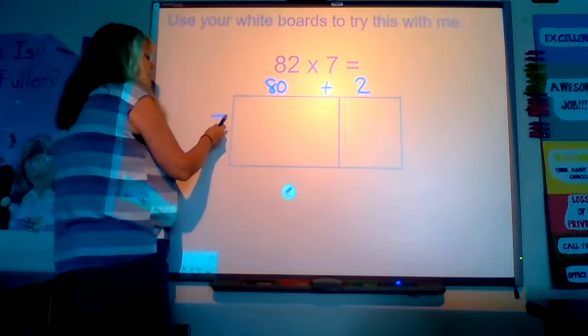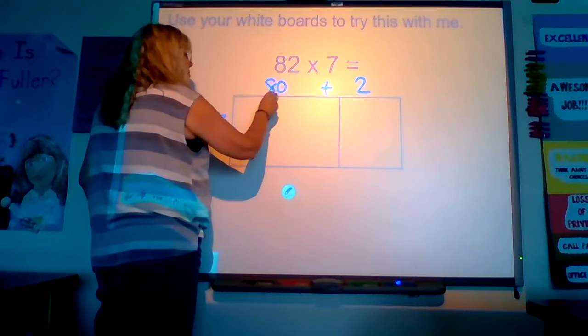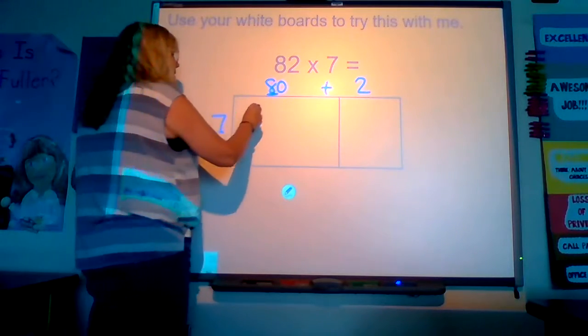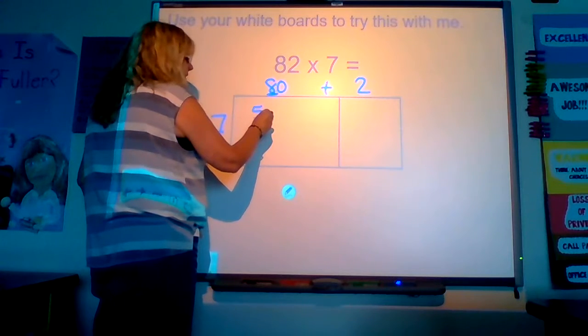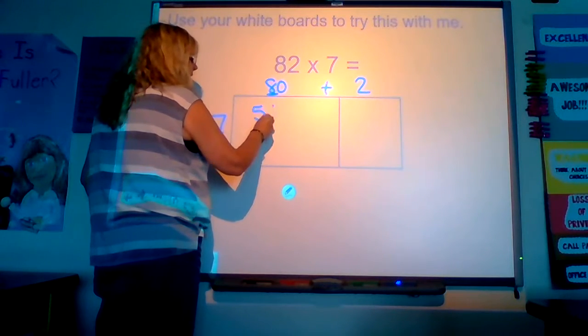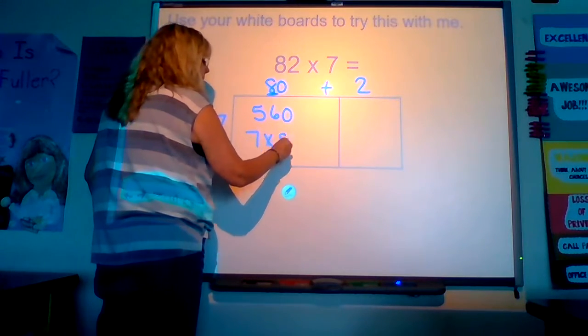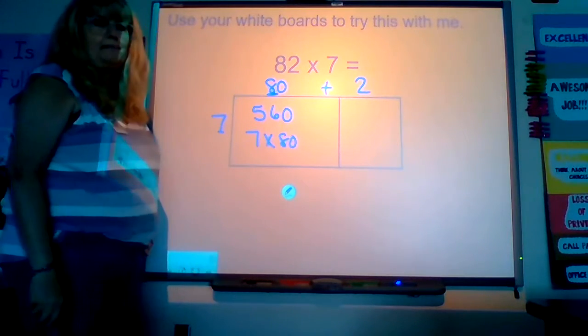So the first thing I'm going to do is multiply 7, use these factors, 7 times 8. We know 7 times 8 is 56. But we didn't say 56, we said 560 because we multiplied by 80. So 7 times 80 equals 560.